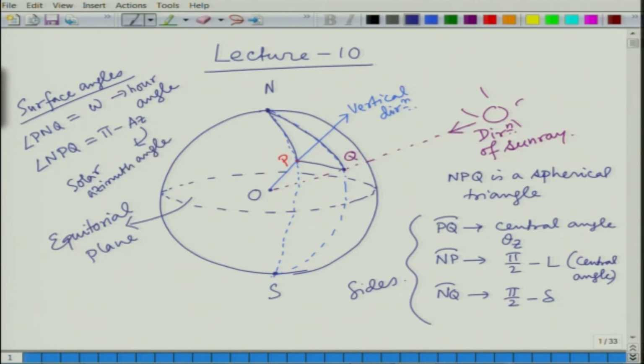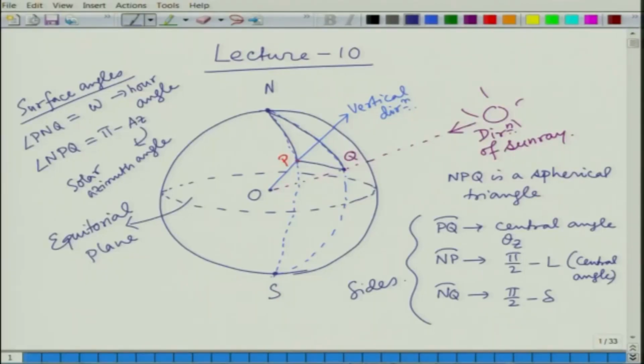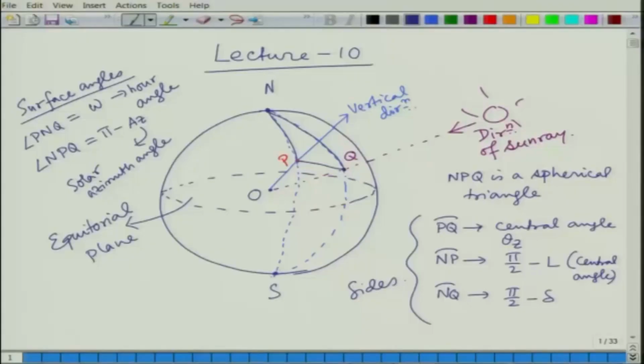How we are getting all these angles we have seen in the last lecture. If you are confused by this figure and the descriptions of the angles, please refer back to lecture number 9, where all the explanations are given. Here, just for a summarized description, I am repeating it a little bit so that the continuity remains.